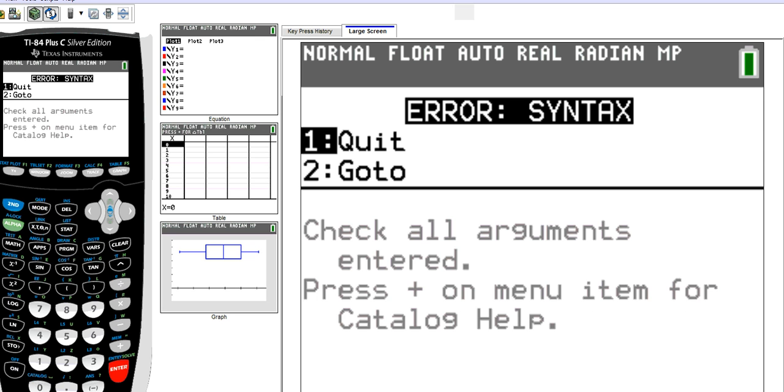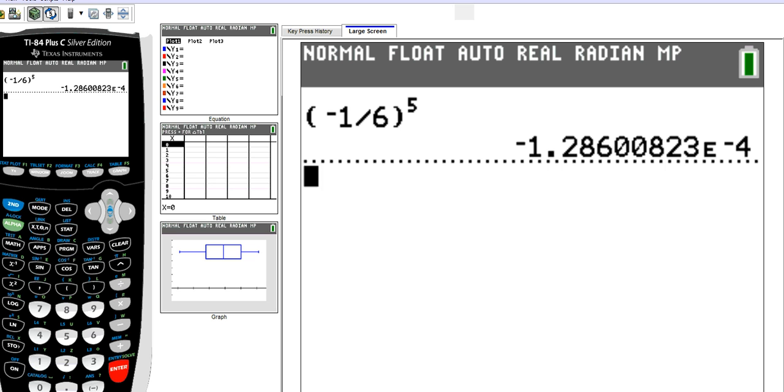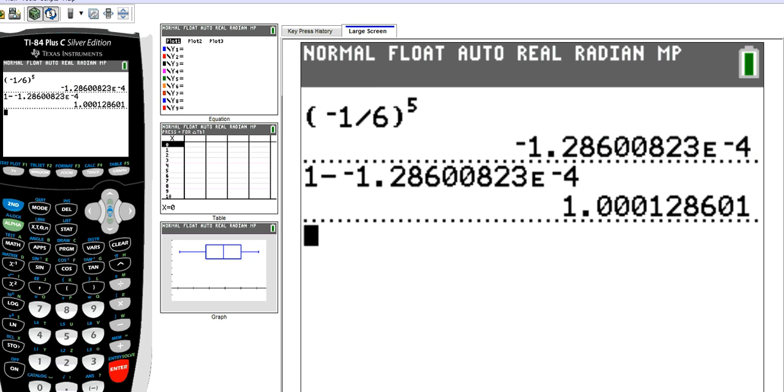So I get that. Oops, what's something wrong? Sorry. Oh, I put the number there. To the 5th. Okay, I get that number, and then it's going to be 1 minus that. So 1 minus this number. And then I'm going to take that times 7,776.